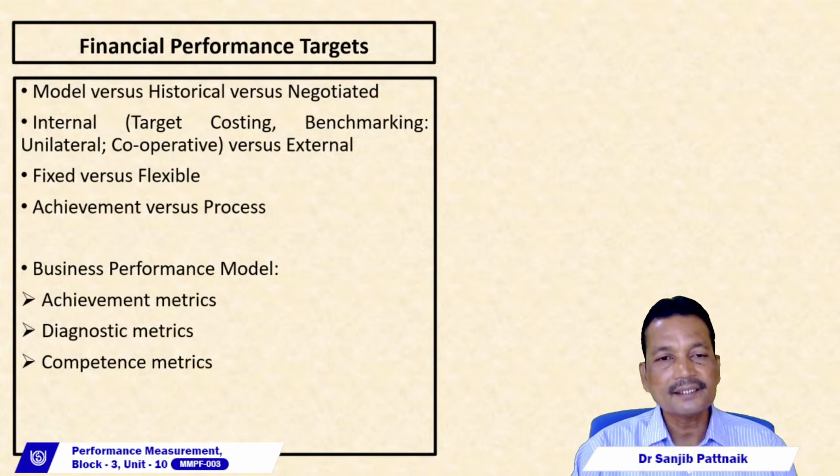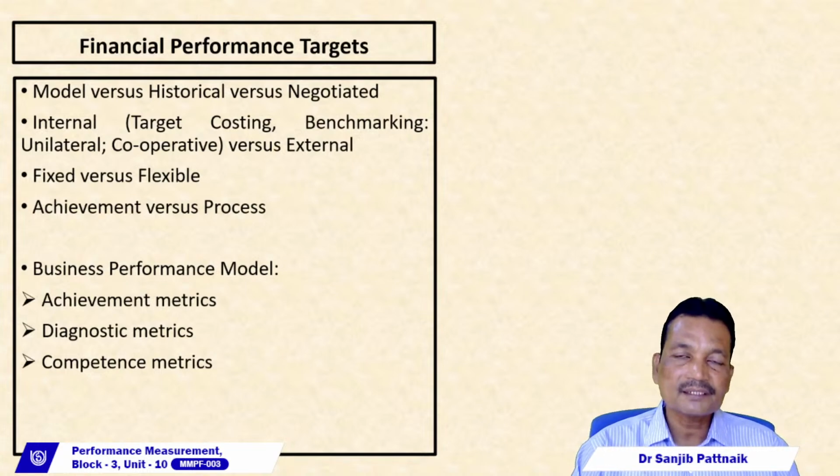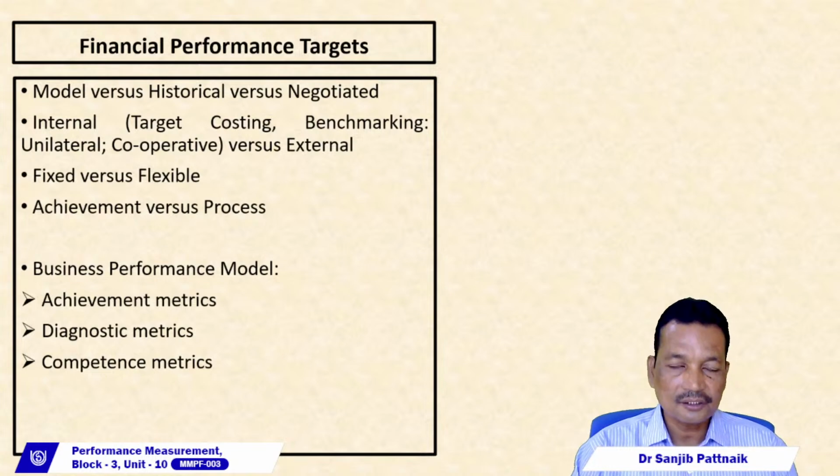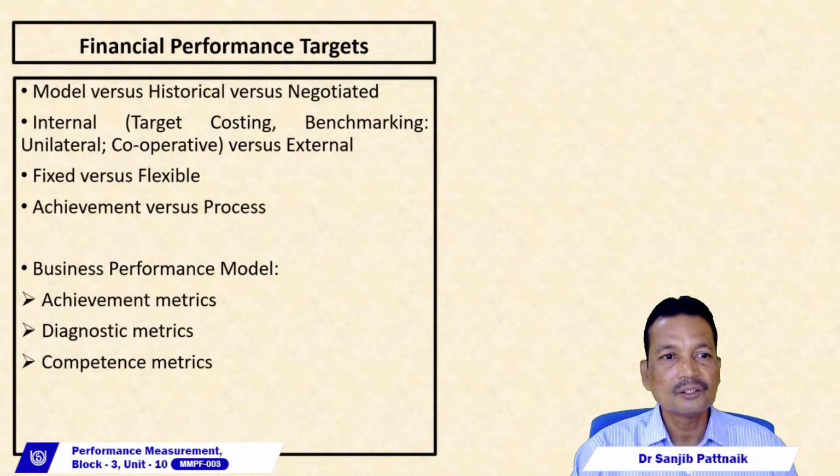So what can happen there? We can look at the performance target of one of the divisions, and using that we can also set the target for the other division of the organization. So either by using the other division's targets or the processes inside the organization, we can set up the internal performance targets.